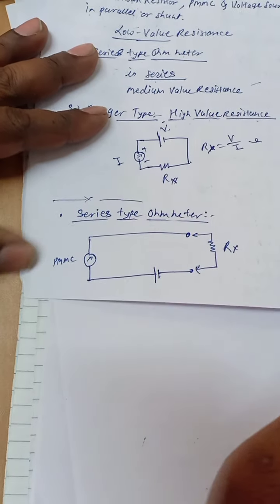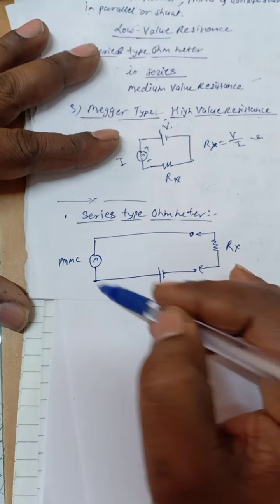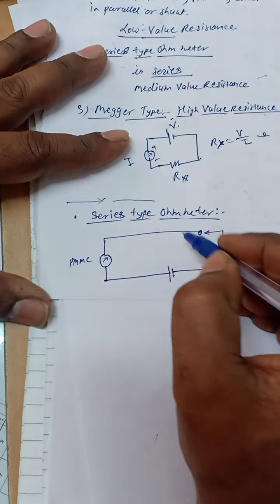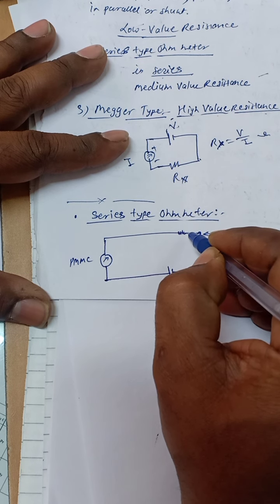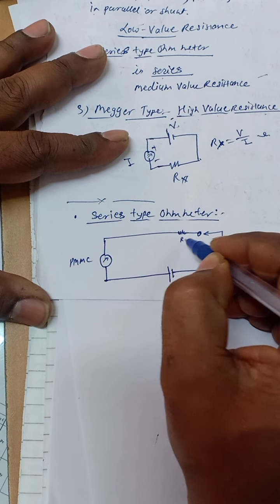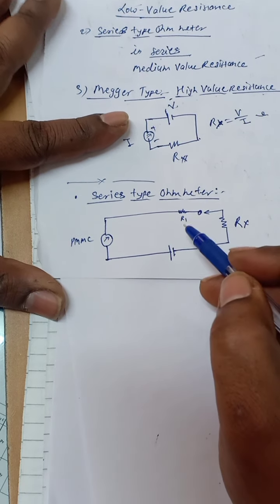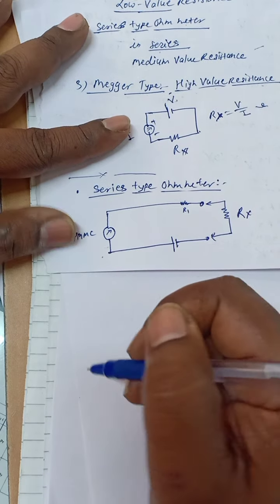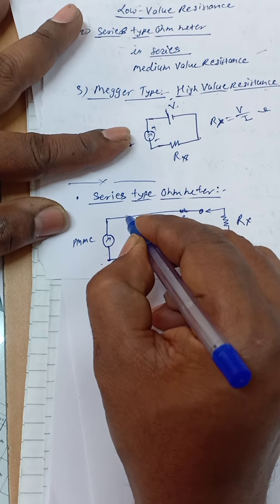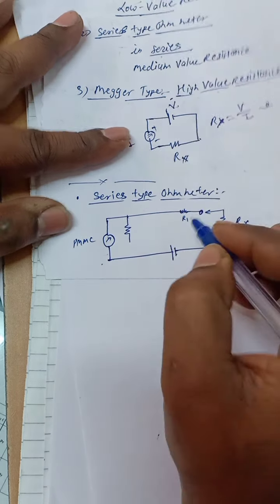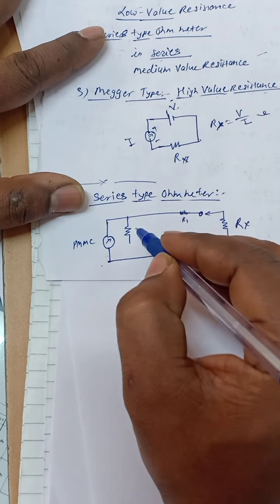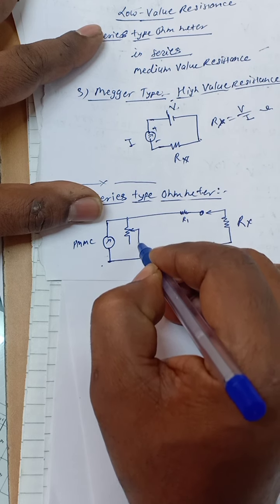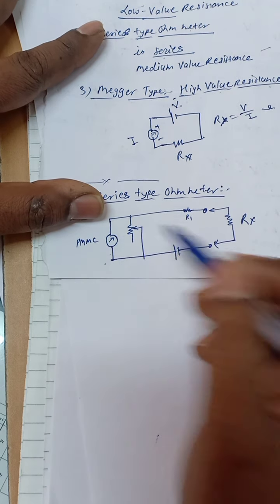This is a simple series type ohm meter, but for protection purposes we require one series resistance, say R1, which is used to limit the current flowing through this meter, and we require a variable resistor, a potentiometer, which is used to adjust the zero.